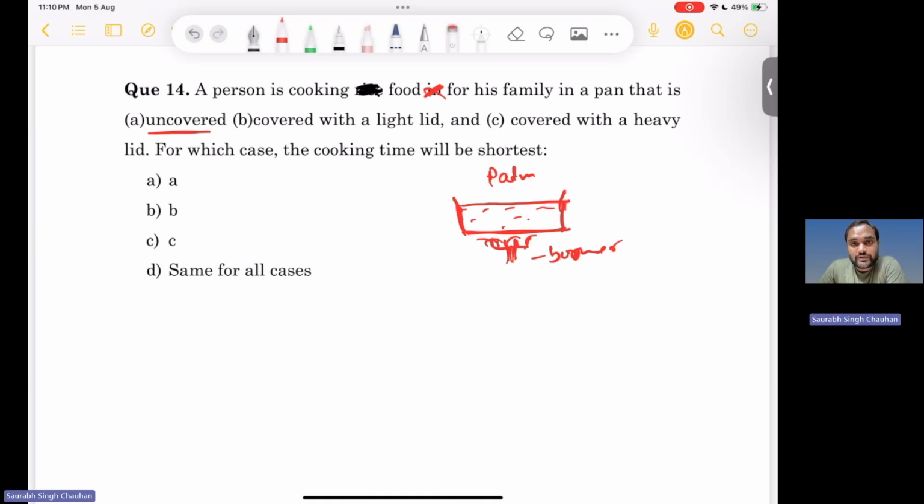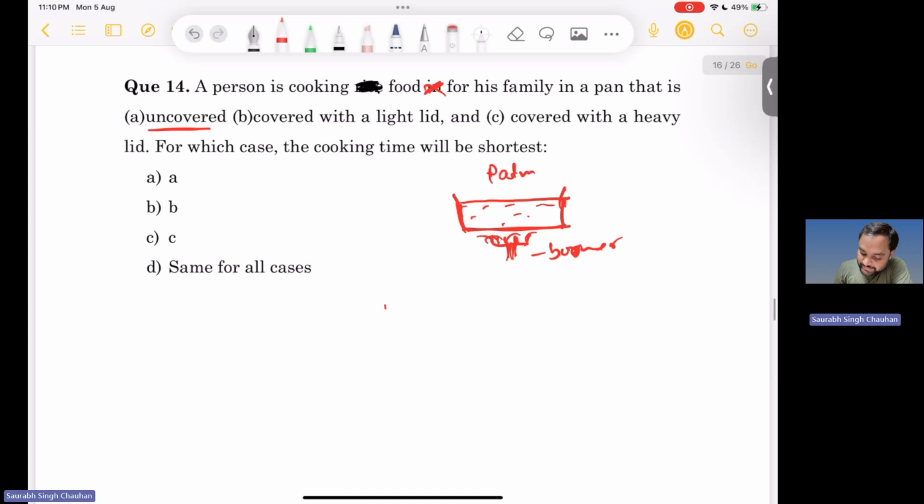And we know that the boiling temperature depends on the pressure. If pressure increases, then boiling temperature will increase. Boiling temperature is a function of pressure.